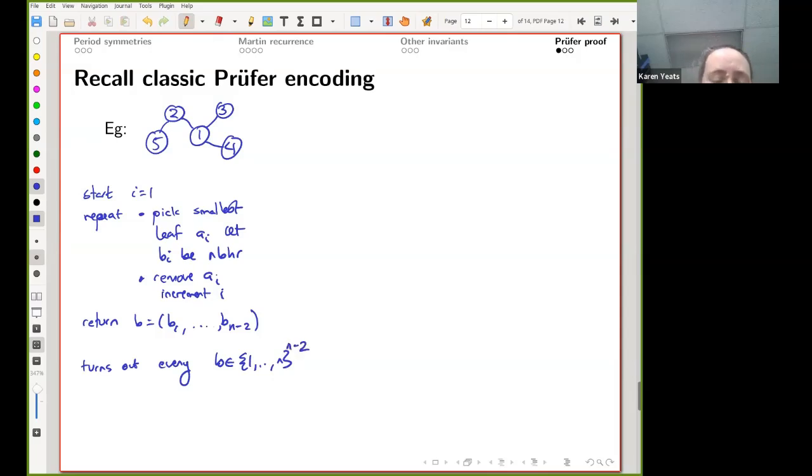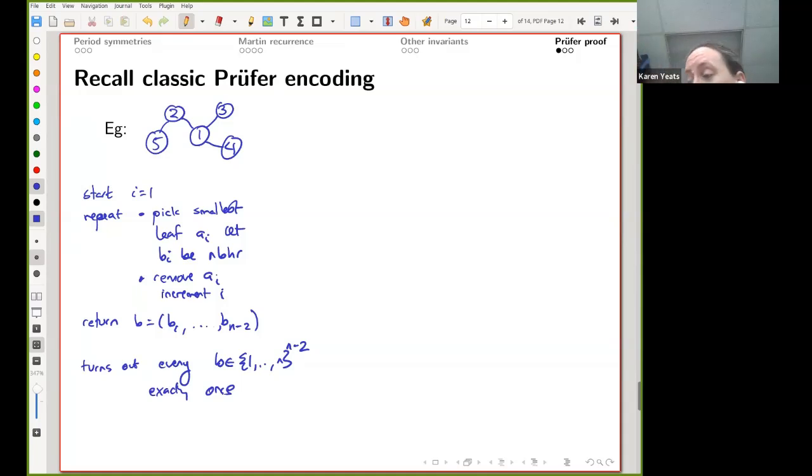Sorry, I said the labels had to be totally ordered, but if you want this last part to be true, they have to be not only totally ordered, but they have to be 1 through n. Anyway, you get every sequence exactly once. And so that's one of the classic proofs of Cayley's formula for the number of labeled, non-rooted, just free trees.